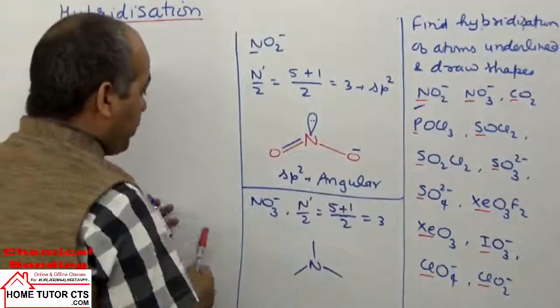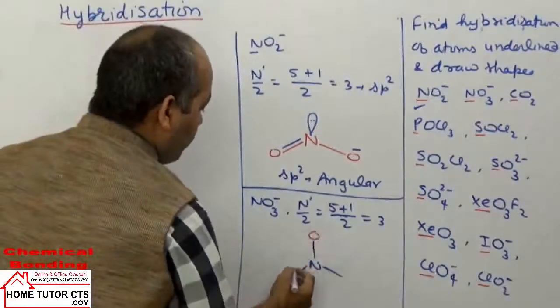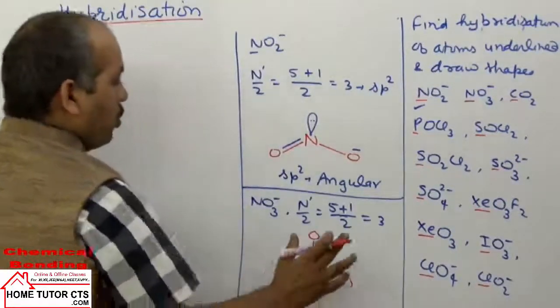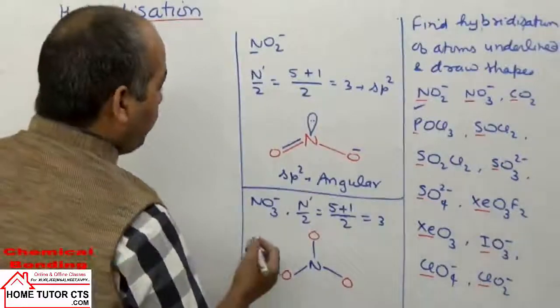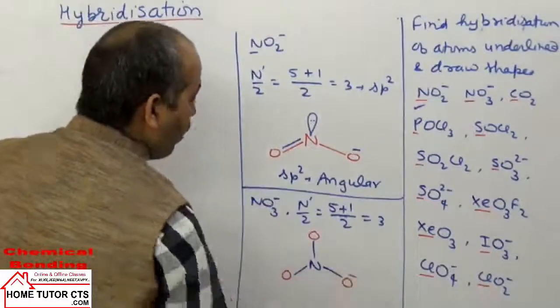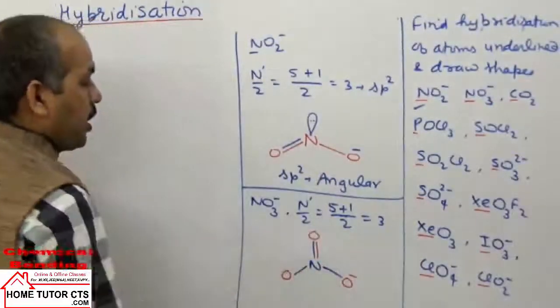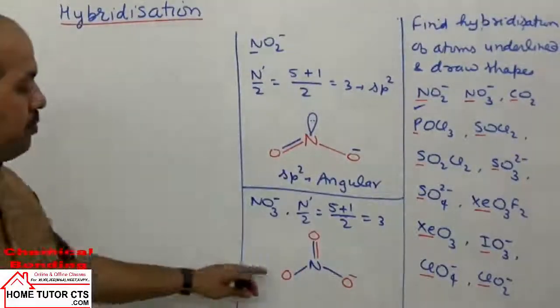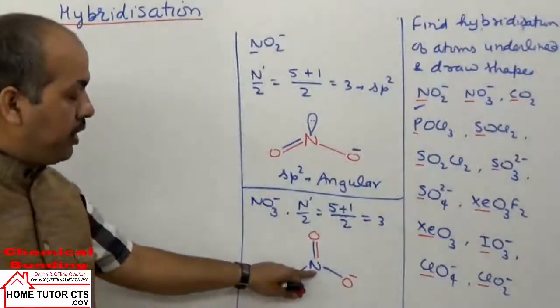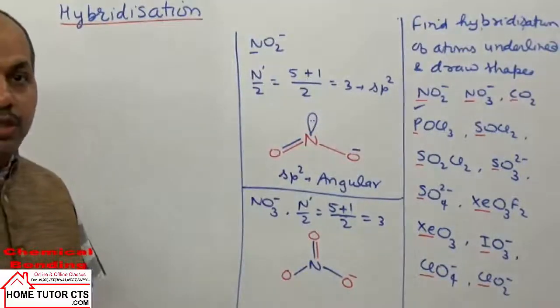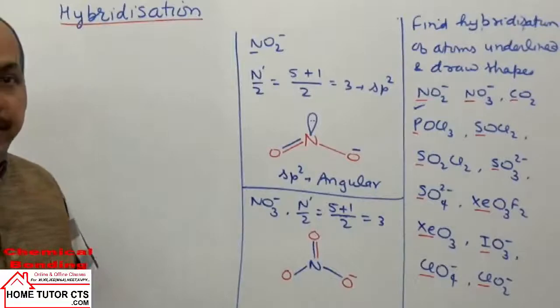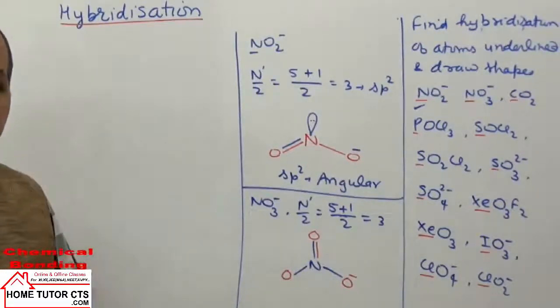We have 3 oxygen atoms, so all 3 oxygen atoms form 3 sigma bonds, no lone pair. Now we can have a negative charge on one of the oxygen atoms and one double bond. Nitrogen cannot form more than 4 bonds, since second period elements do not have vacant d orbitals.